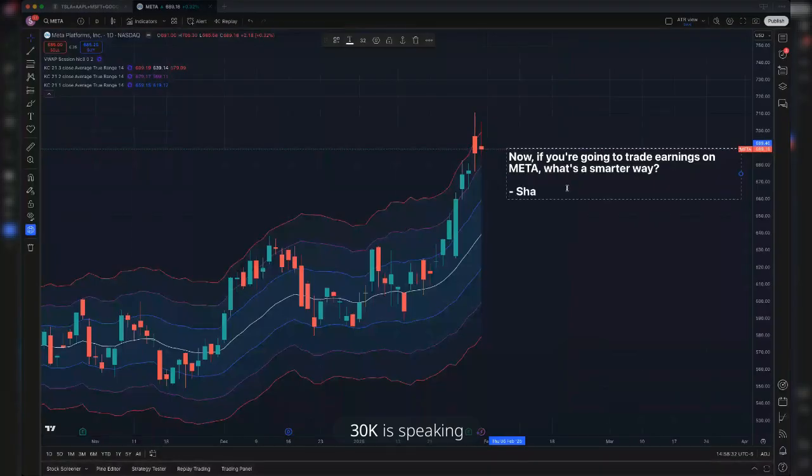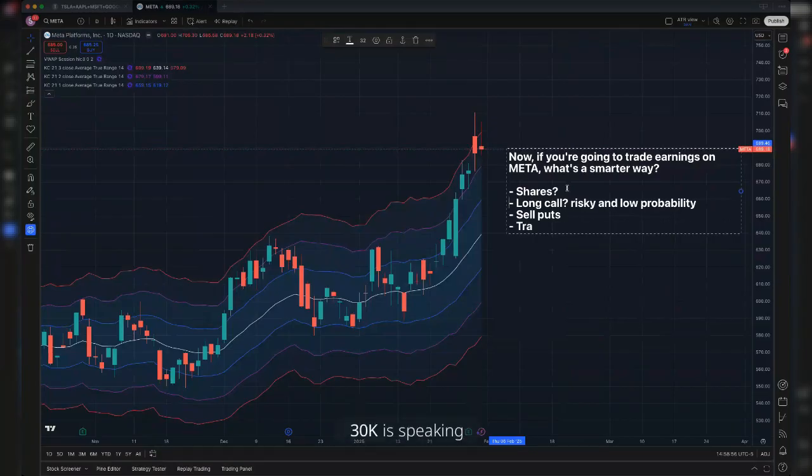You could do it through shares. You could try a long call, but that is risky and low probability, right? You could sell puts.